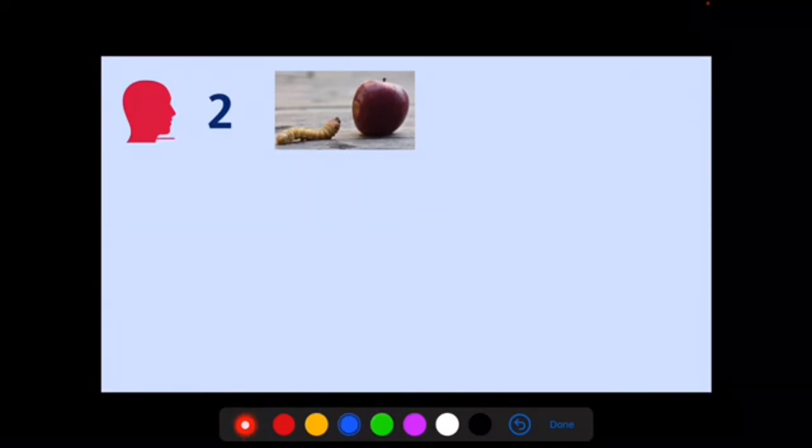So I'm going to draw my 2 lines. But here I'm going to give you a spelling language because the way we actually say it isn't very helpful. How about mag-got?